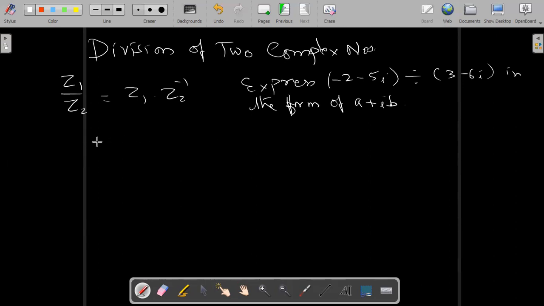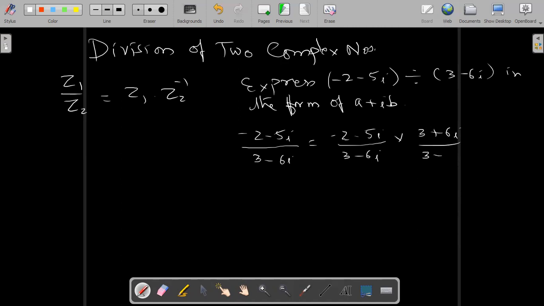So divide minus 2 minus 5 iota by 3 minus 6 iota. Simple division, as I told you, you have to multiply and divide by its conjugate. We will study that: when we change the sign of the imaginary part, that is called the conjugate. So multiply and divide by 3 plus 6 iota.